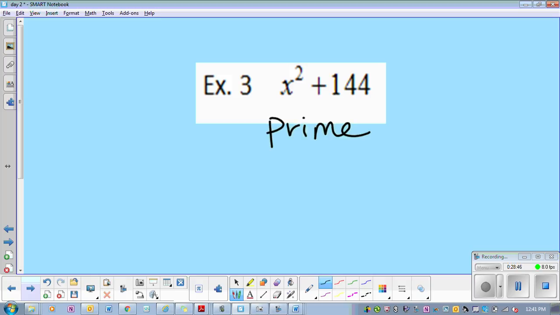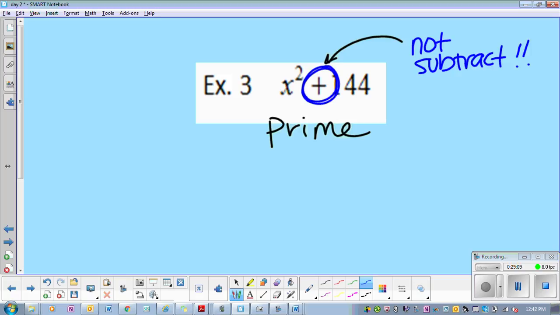So this is prime. Okay. And if you need to, please make a note for yourself so that later on when you review these notes and you go, wait, why is it prime? Because Elise said this is not subtracting, it's not a difference. Okay.